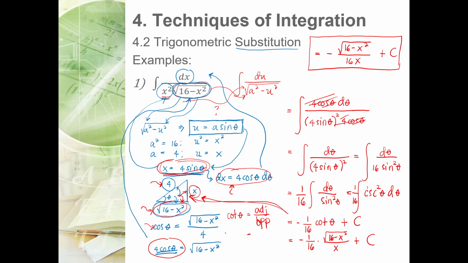So cotangent theta is equivalent to the square root of 16 minus x squared all over x.